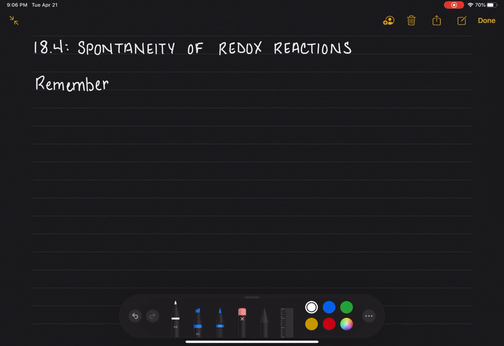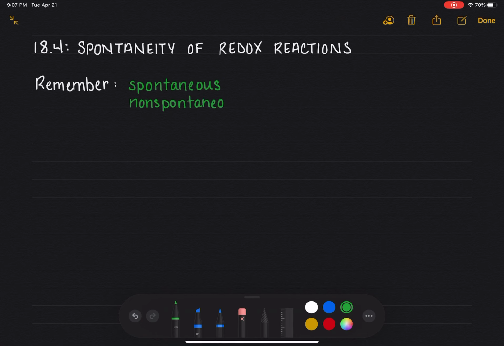So I want to very quickly remind you of spontaneous versus non-spontaneous. As an initial reminder, spontaneous is a word that we use to describe a process that can happen all on its own without us needing to provide any sort of extra input. And a non-spontaneous process is one that won't happen on its own.